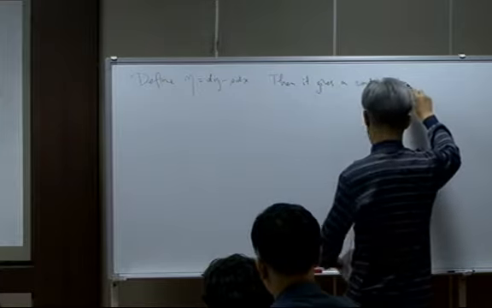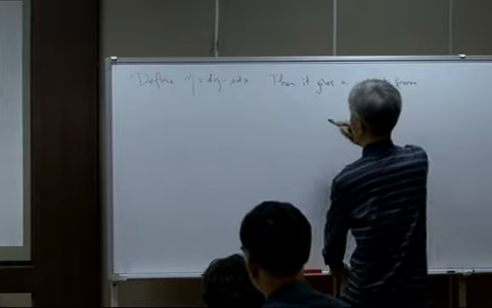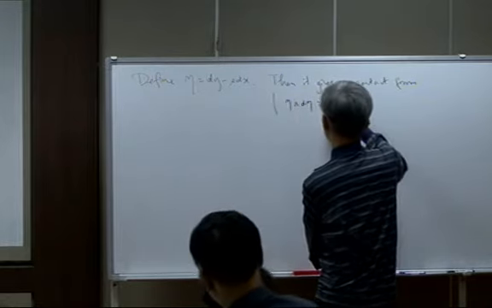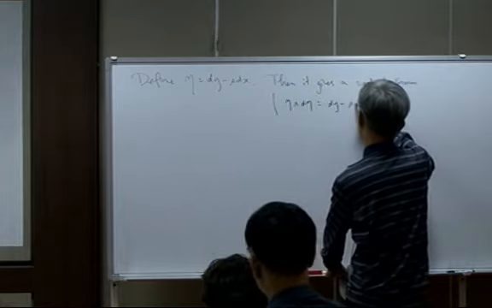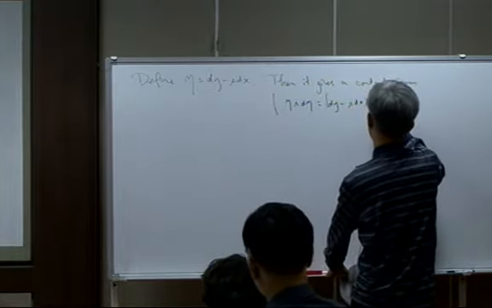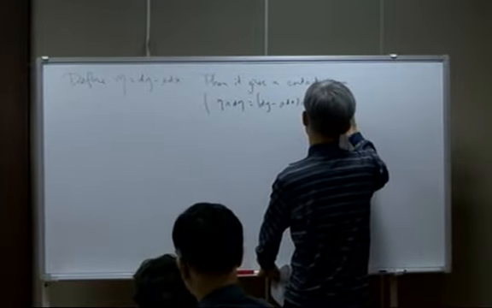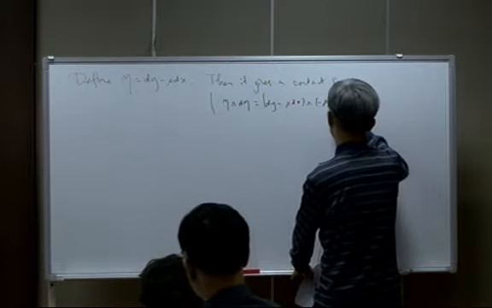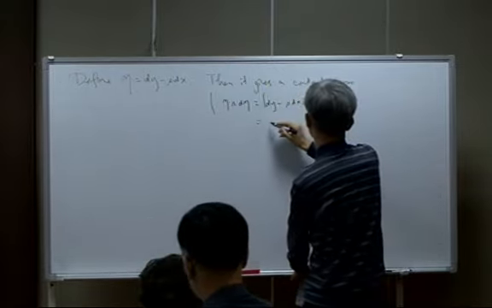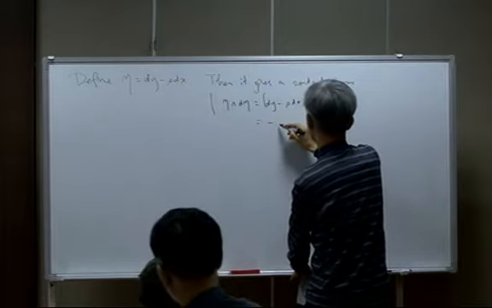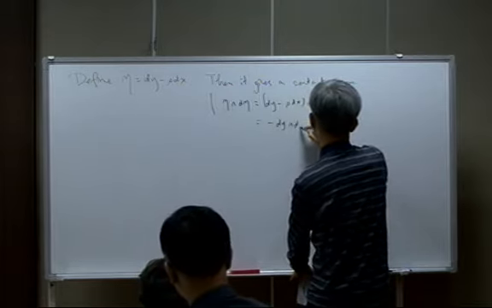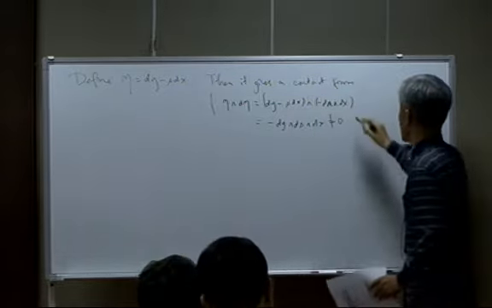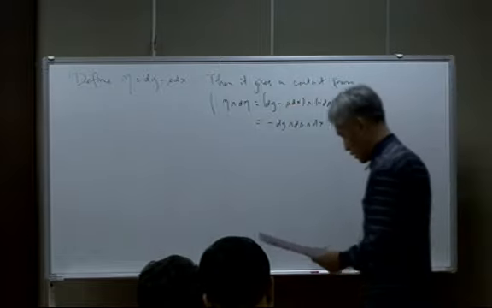Actually we compute eta wedge d eta. Then we have something like this: it never vanishes. So we can see that this is a contact form.